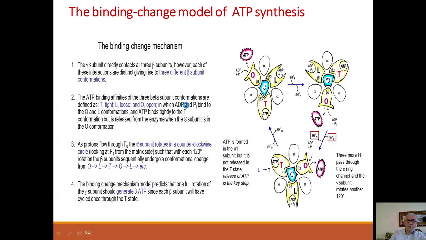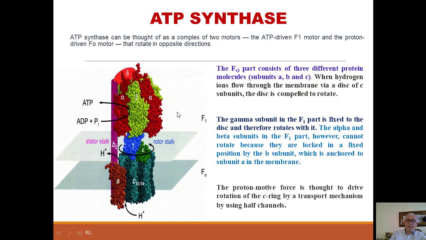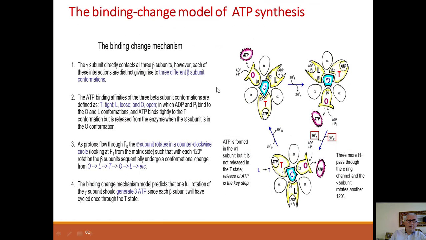Another part of ATP synthase is the subunit called F1, the ATP-driven F1 motor. How does this F1 subunit work? We have the binding change mechanism for F1 ATP synthesis. The gamma subunit directly contacts all three beta subunits.